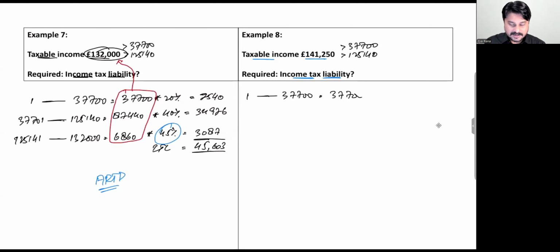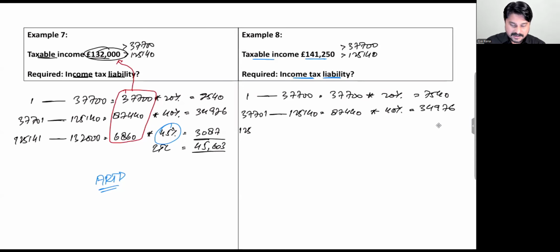To this extent, 20% tax is applicable, 7,540. For the second band limit from 37,701 to 125,140, the difference is 87,440, on which 40% tax rate applies and tax liability is 34,976.